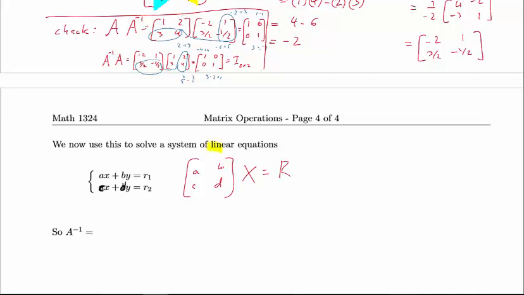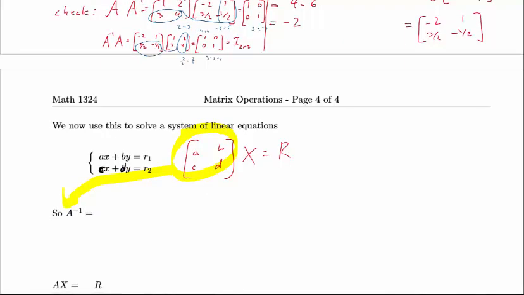So again, this matrix right here, that's our matrix A, and we're going to use that to find our inverse. But we already know how to find the inverse of this. It's just 1 over the determinant times this, just like that. So no biggie.